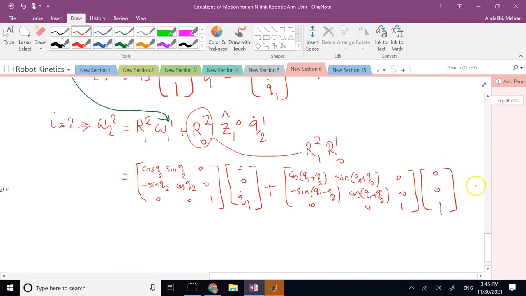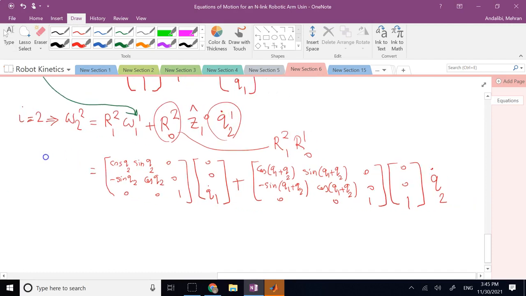And then q2 with respect to 1 dot, which is simply the magnitude of q2 dot, because q2 dot is the angular velocity that frame 2 has in frame 1, so that's also what we define as q2 dot.